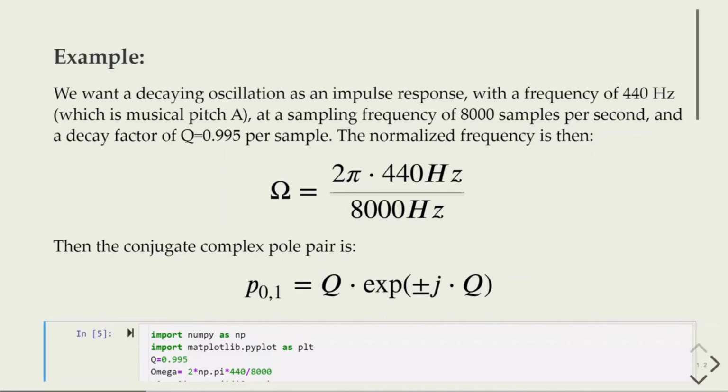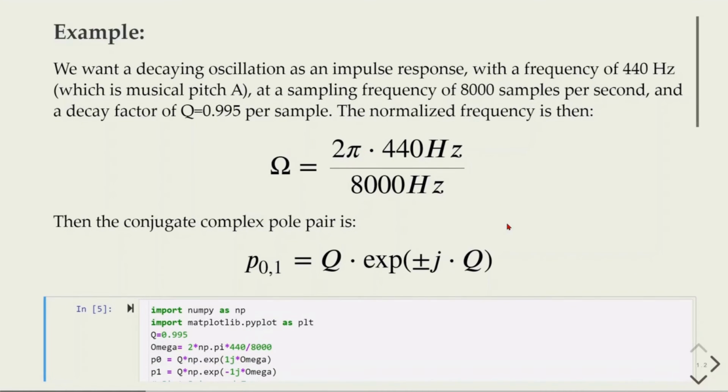So the normalized frequency will be omega equals 2 pi times 440 divided by our sampling frequency of 8,000. And then we'll have the conjugate complex pole pair given by Q, which was calculated here, times the exponential of plus or minus j, the imaginary number, times omega.